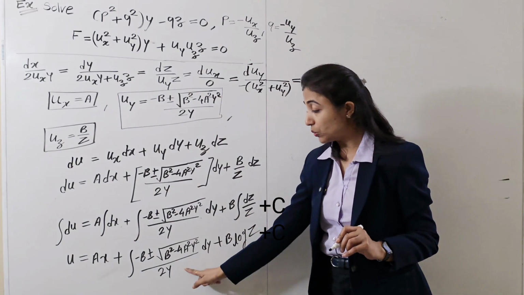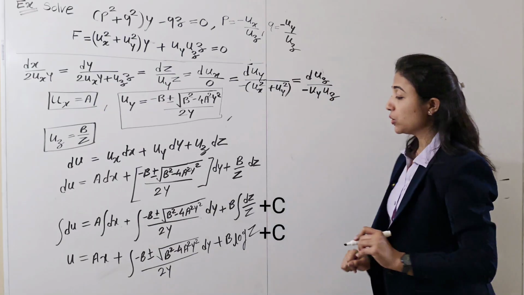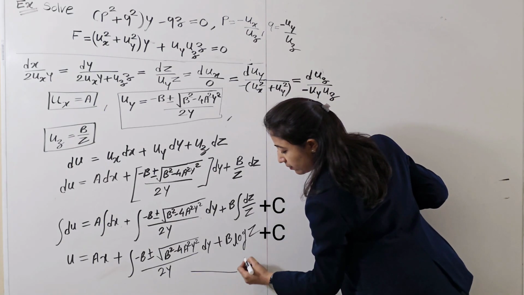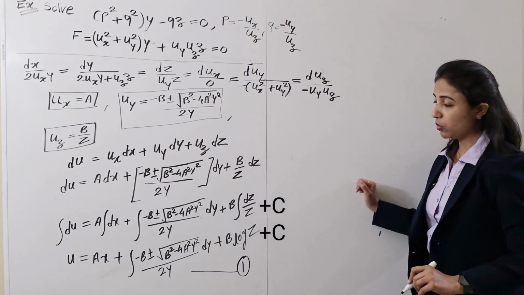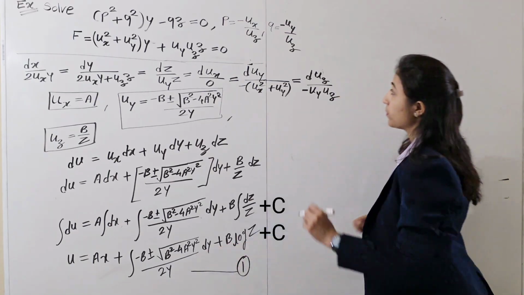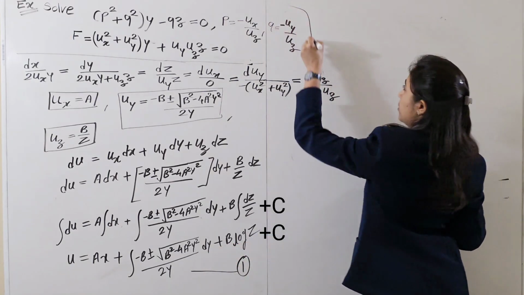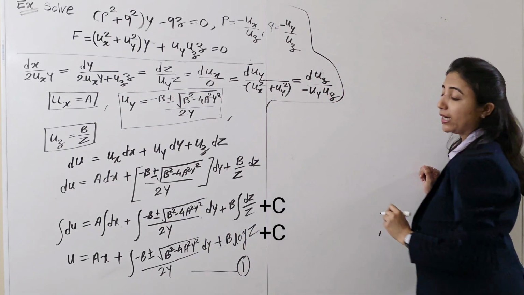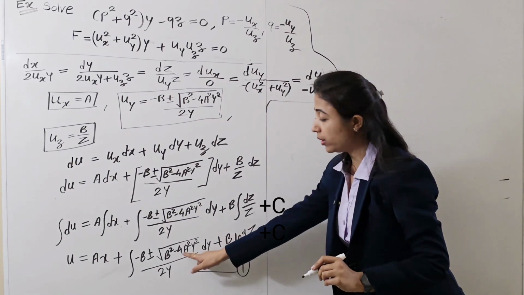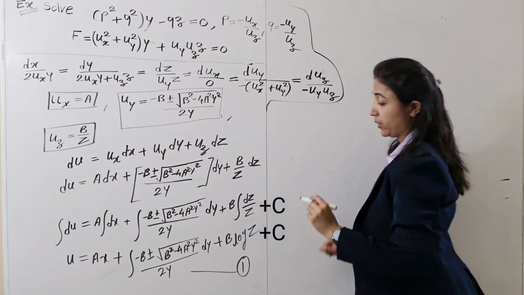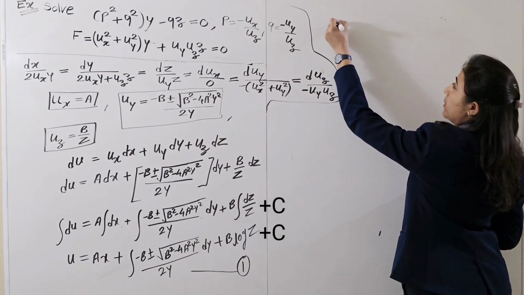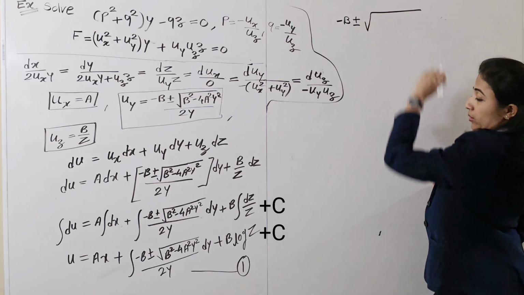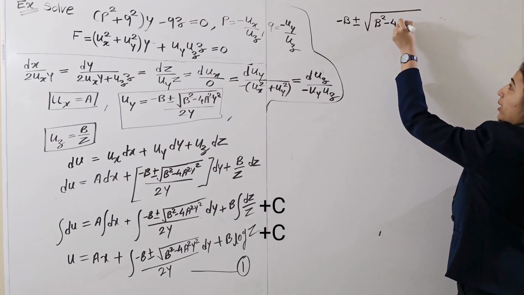Now the task is how to solve this integration. So here I am going to solve this one separately. Consider this as equation 1. Now to solve this integration, if you observe the bracket term, it contains b square minus 4 a square y square. So our integration contains minus b plus minus root of b square minus 4 a square y square.